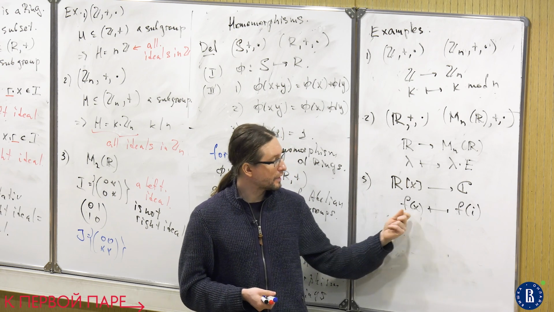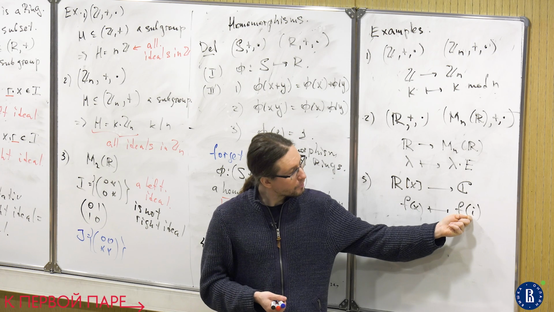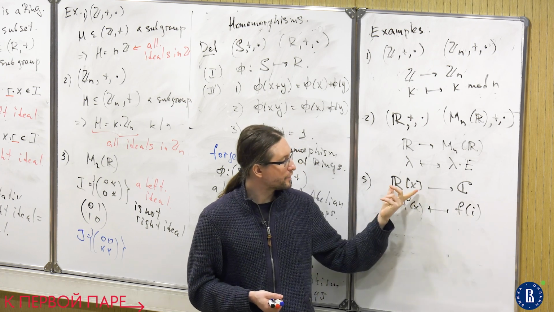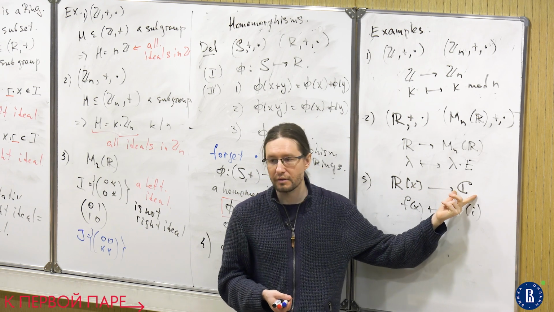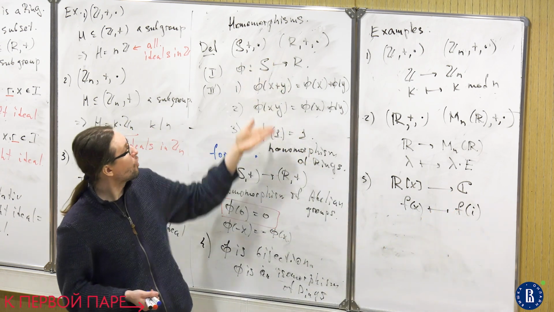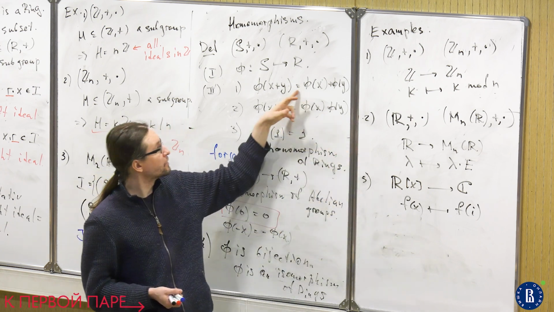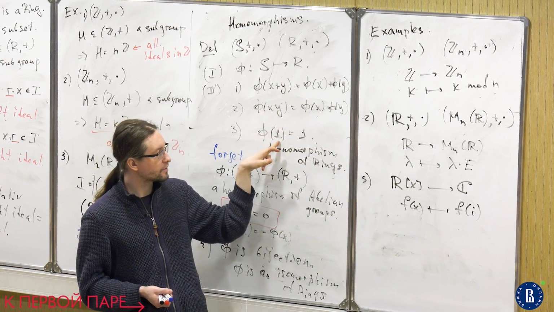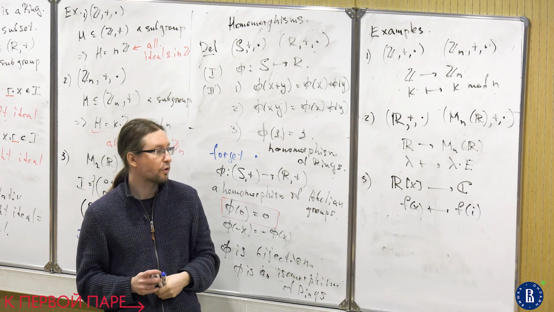If you replace x by a specific number, then the map from the ring of polynomials to the field of complex numbers is a homomorphism of rings, because this map preserves addition, multiplication, and it takes 1 to 1. So this is also an example of a homomorphism.